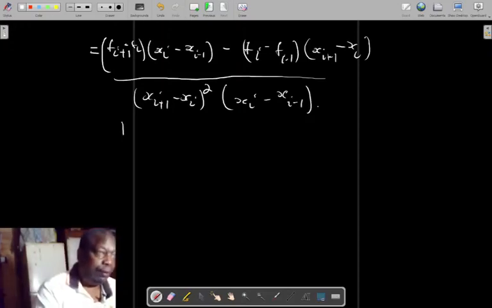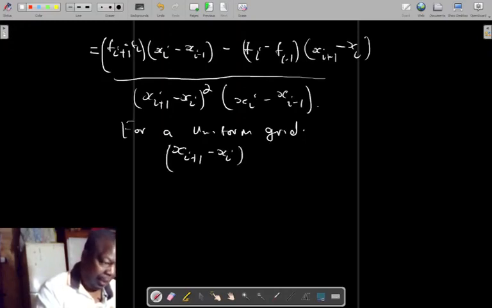So we can say that for a uniform grid, we have x_{i+1} minus x_i being equal, in magnitude, to x_i minus x_{i-1}, and we'll call that delta x.